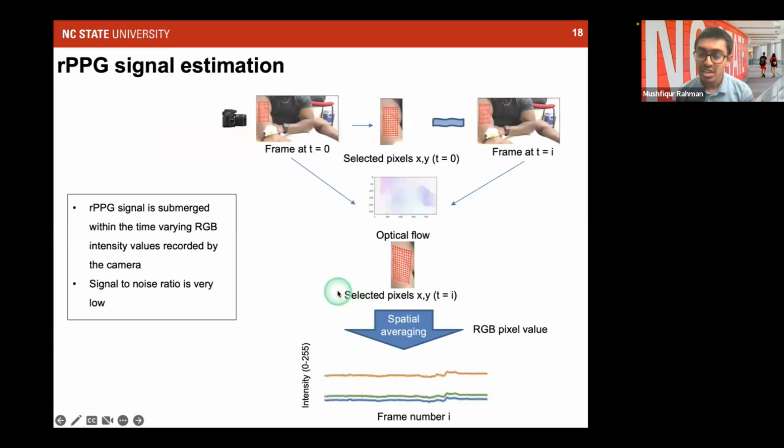Then again, we need a signal that corresponds to the human heart rate. Here we make use of the fact that the brightness changes with the heart rate, so we do the spatial averaging of the brightness for all three color channels, red, green, and blue, and we keep these signals as they have the signature of the human heart rate.